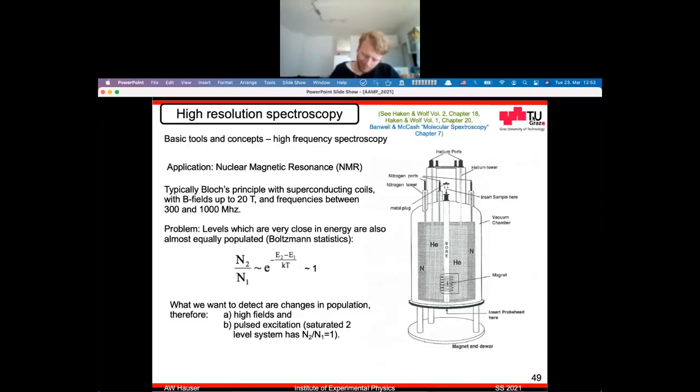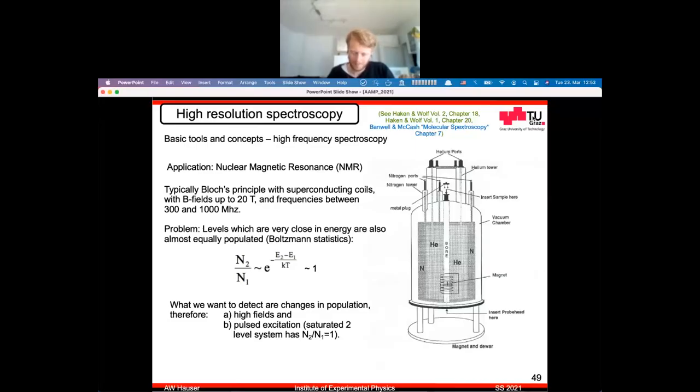So this is shown in this equation here, where you just take the relative number of states in level 2 over the number of states in level 1, and this is directly related to e to the minus the energy difference between these states over k Boltzmann times temperature.